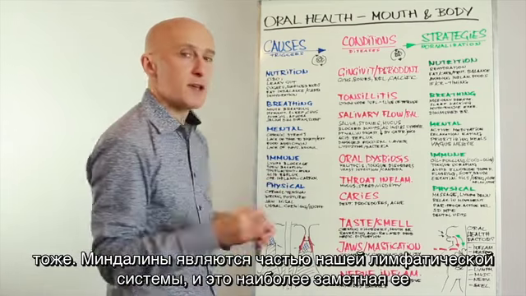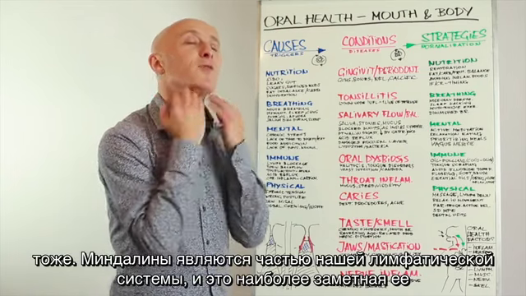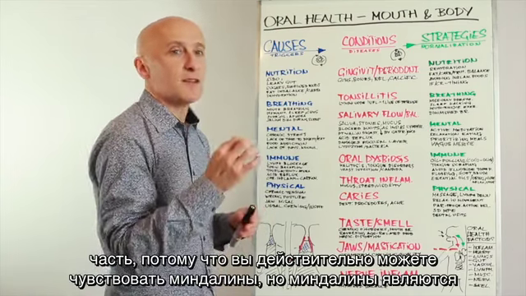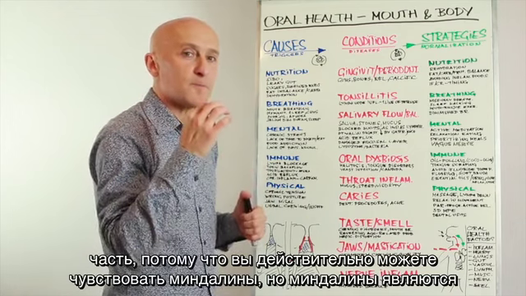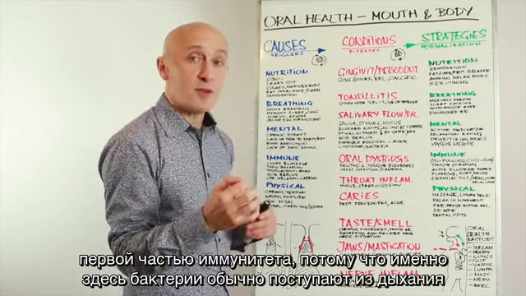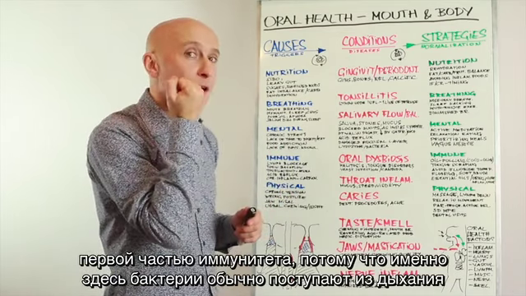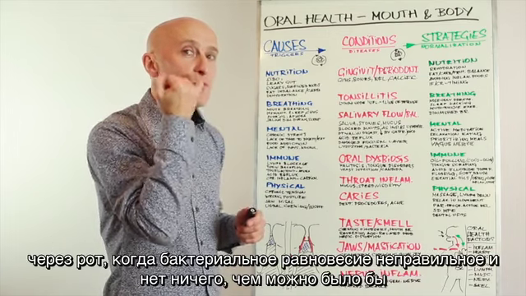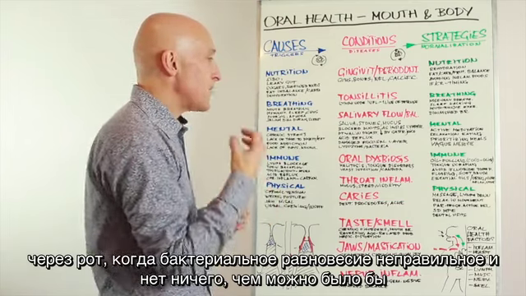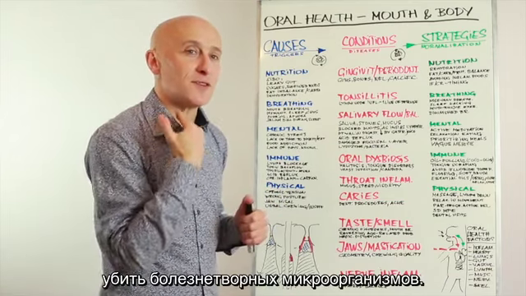Because tonsils are part of our lymphatic system, and that's the most visible part of it, because we can really feel the tonsils. But the tonsils are the first part of immunity, because it's here where the bacteria normally come in through the breathing, through the mouth, when the bacterial balance is wrong and there's nothing to kill the pathogens with.